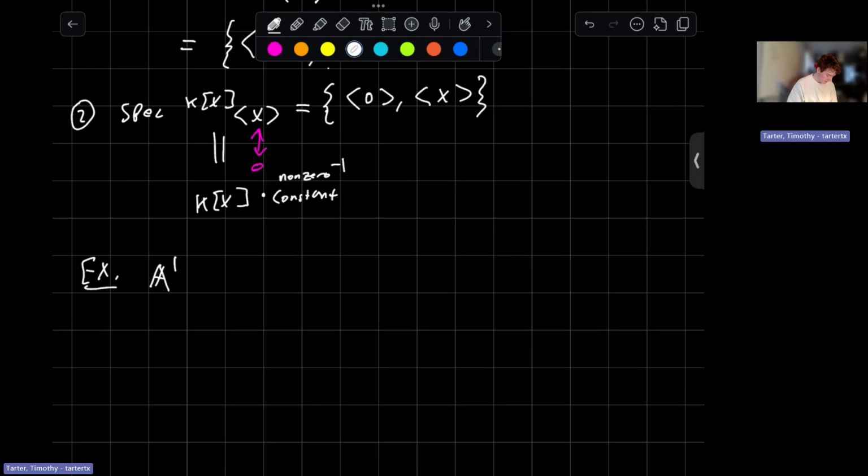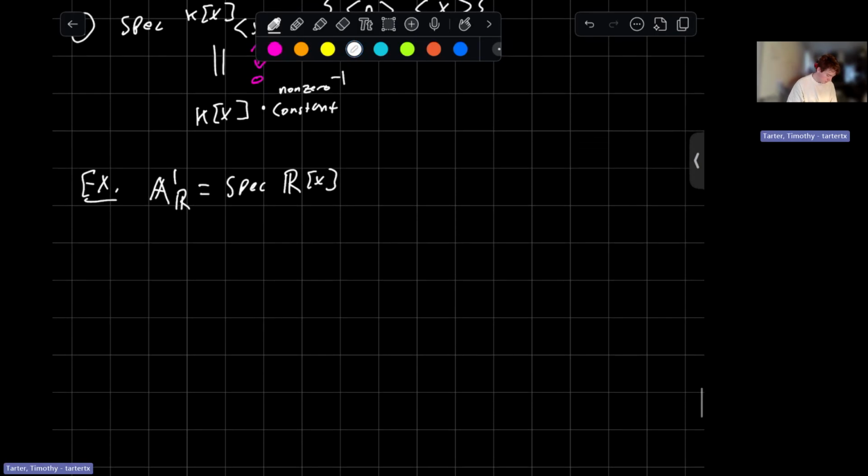So the affine line over R is equal to Spec R[x], and what I'll show is that it's (0), (x minus a), and then (x squared plus ax plus b).